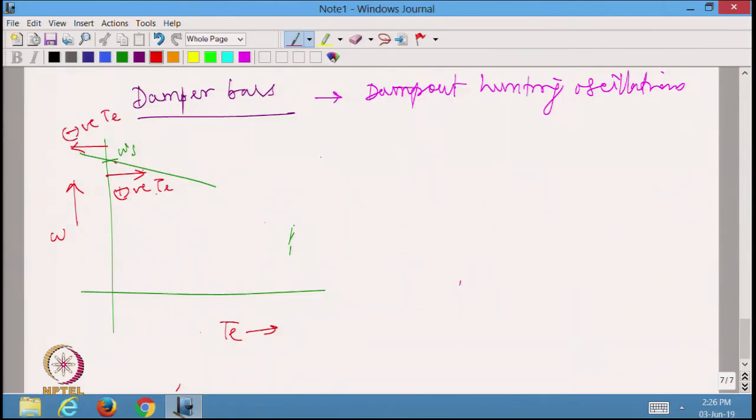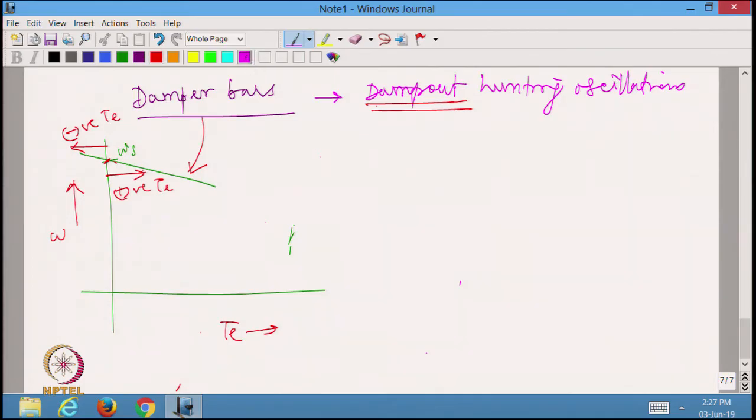So, the torque that is generated by the damper bars, which is very similar to the squirrel cage bar, that will always be pushing the motor or rotor to reach synchronous speed. So, its major job is to push the rotor always to attain synchronous speed. So, damping out the hunting oscillations is very effectively done by the damper bars.